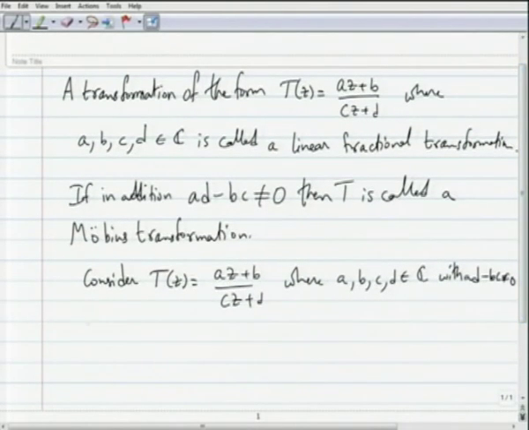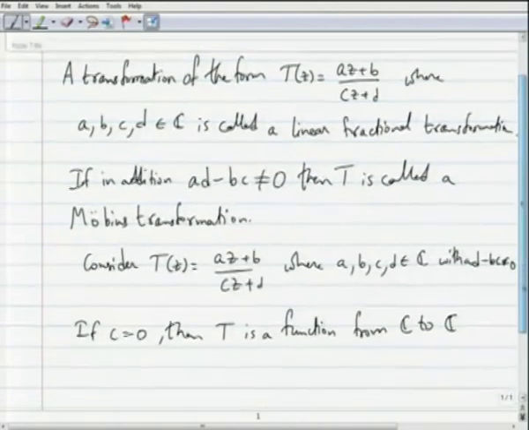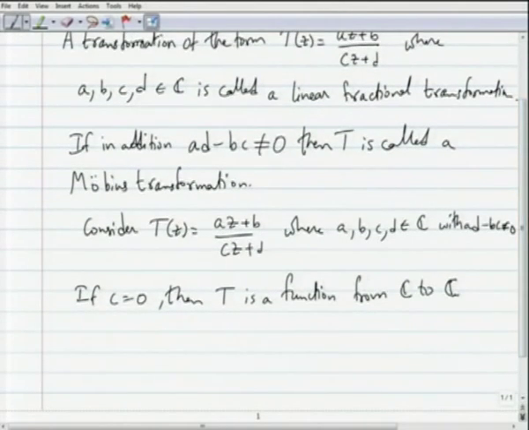And if c is 0, then T is a function from C to C, that is, the domain is all of the complex numbers, and the codomain is the complex numbers.